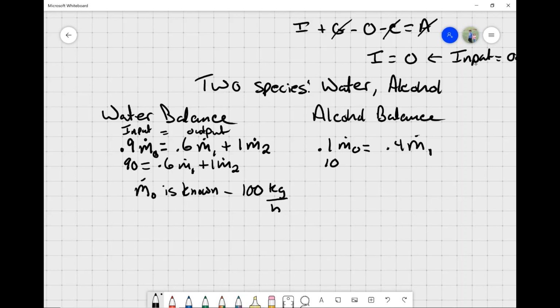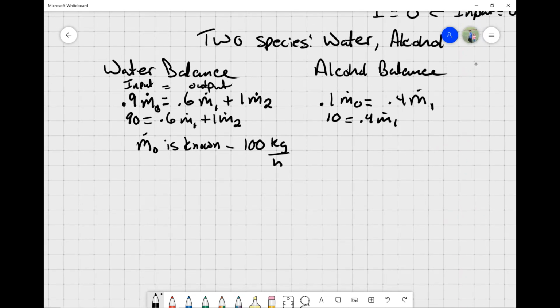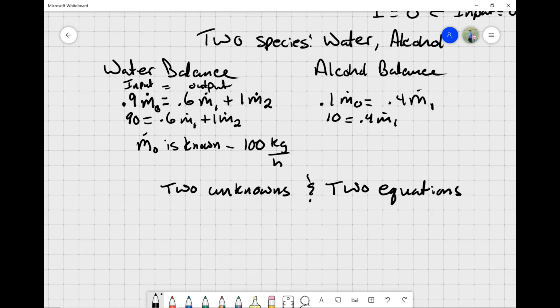So 0.1 times 100 is 10. And so what do we have? We have 2 unknowns and we have 2 equations. So we're ready to solve.